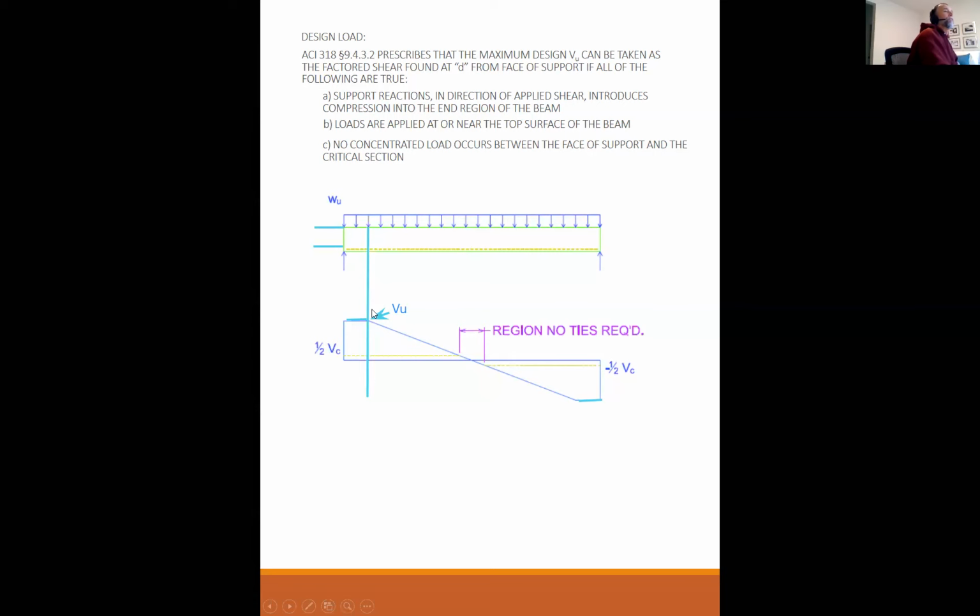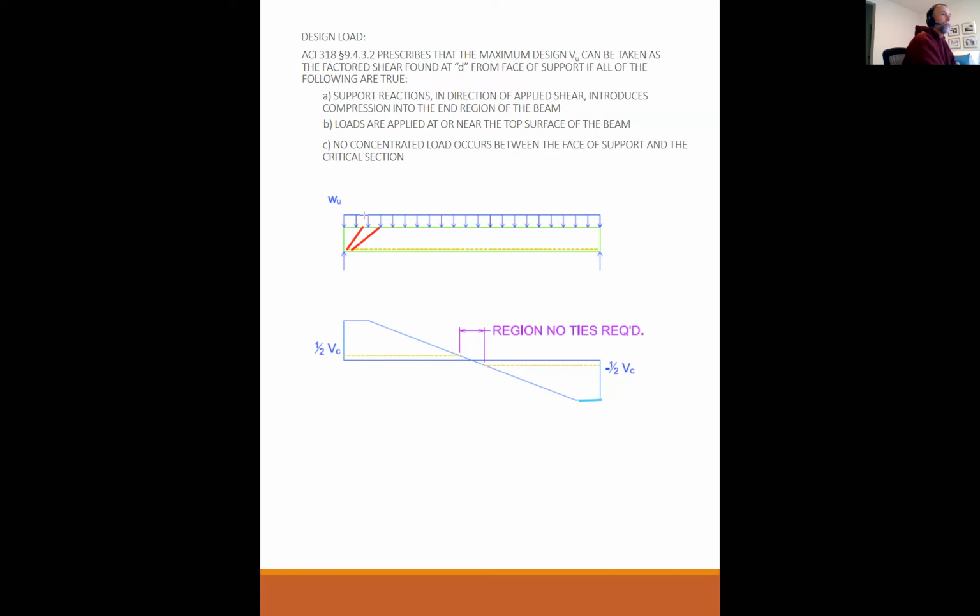And basically, I'll give you a reason why the code does that. That doesn't seem to make sense, but why is it doing that? It is because if the beam is going to fail in shear, it's going to fail along this line. Any load to the right-hand side of this point goes into the bottom portion and is trying to pull these two apart. Any load that goes into the top between the line and the end goes straight into the reaction.